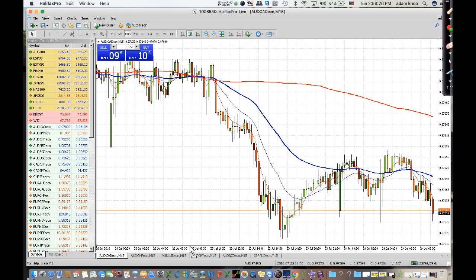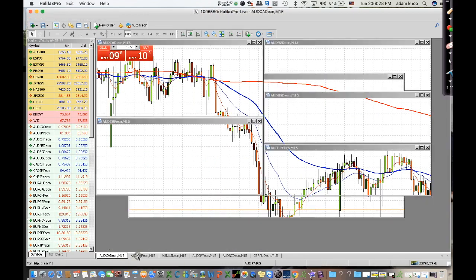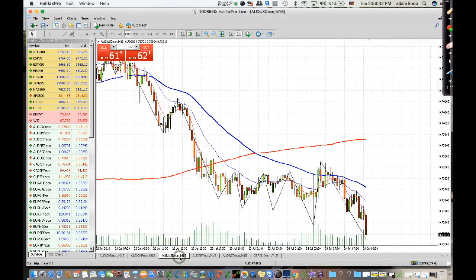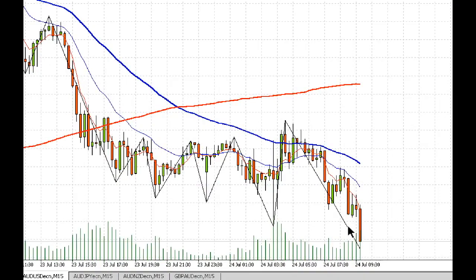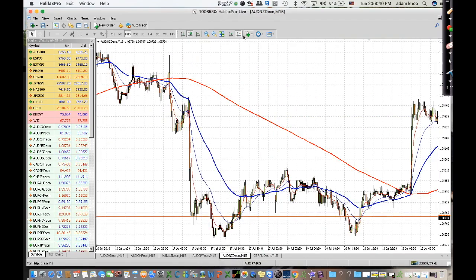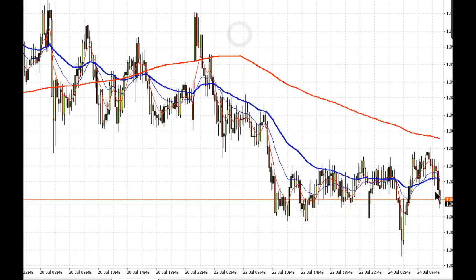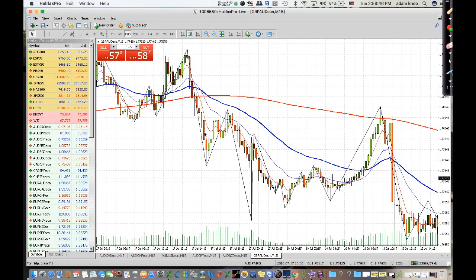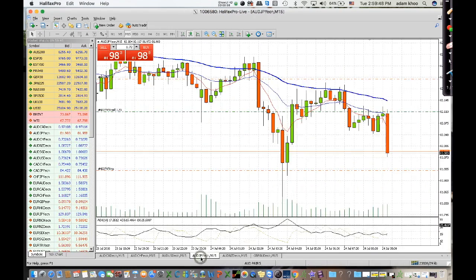The price has gone down for Aussie CAD, Aussie franc, where Aussie franc is going sideways, Aussie dollar is going down as well, Aussie yen, which is the trade I'm taking, and Aussie New Zealand went down. So you can see how correlation works, right? When one goes down, they all tend to go down. So we like to trade pairs again with really great correlation.